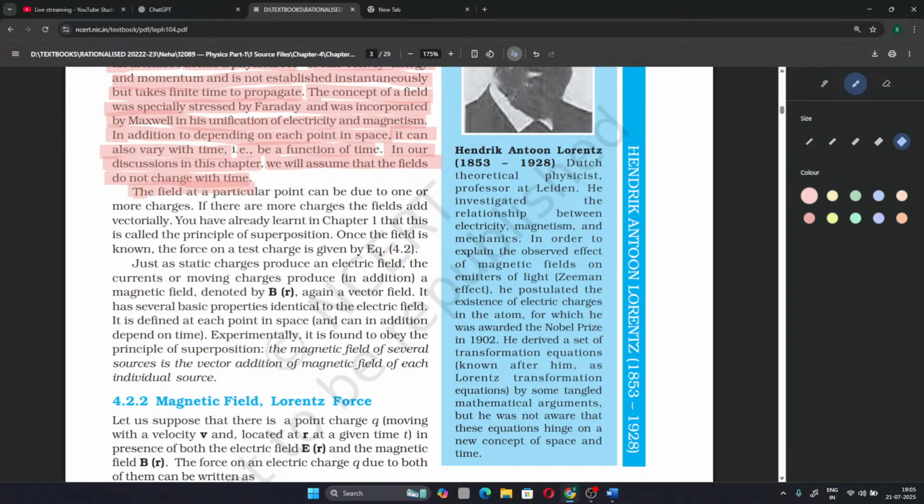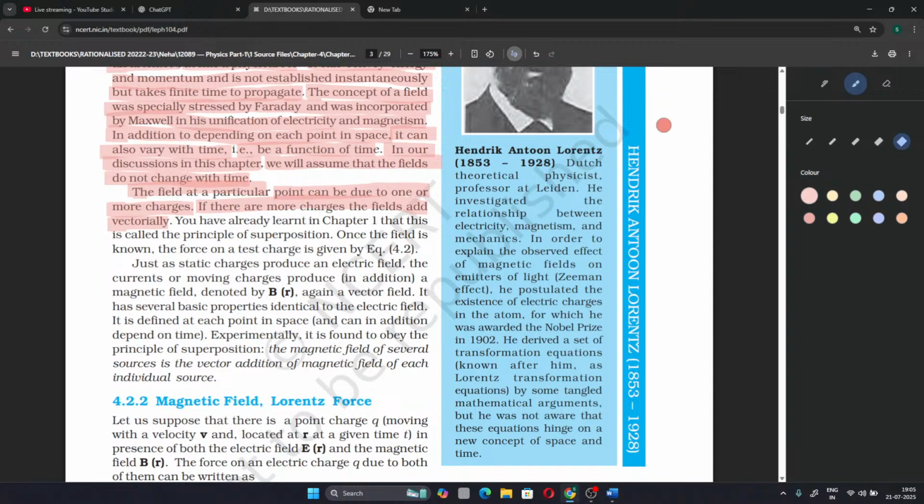The field at a particular point can be due to one or more charges. If there are more charges, the fields add vectorially. Now, in a real life situation, there is not only one isolated charge, so the field at a single point can be due to one or more charges.